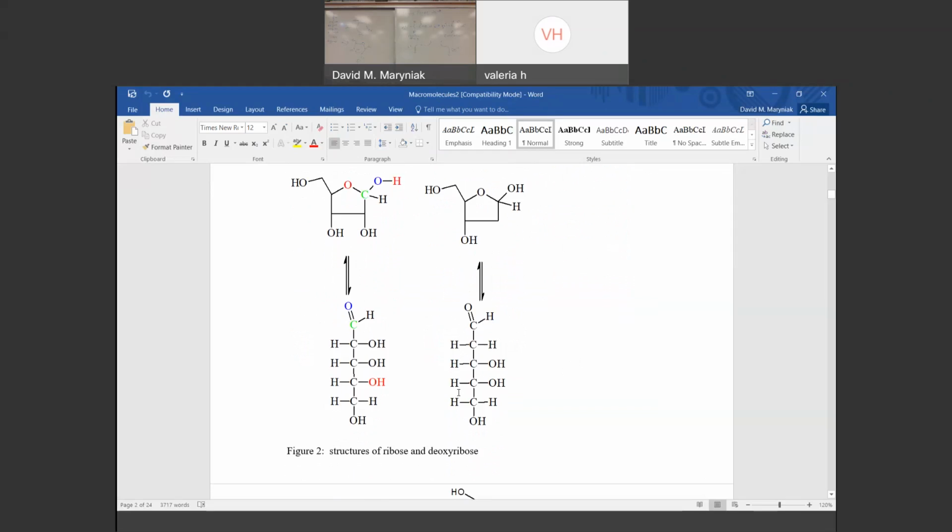Similar to that, here's pictures for sugars we'll study when we make nucleic acids. So this is ribose, and this is deoxyribose. And of course, you're probably familiar with DNA and RNA, which is where you would find these sugars. So as a quick quiz question, which of those sugars is found in DNA?